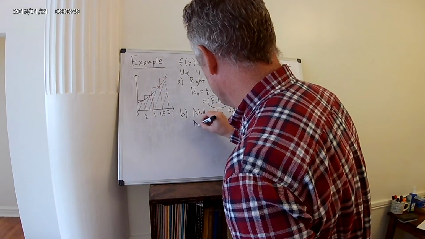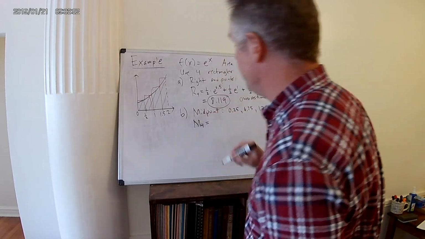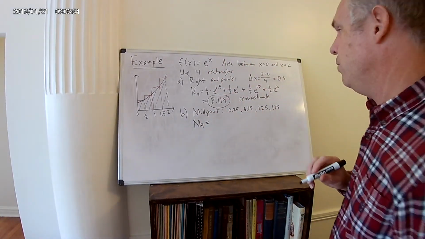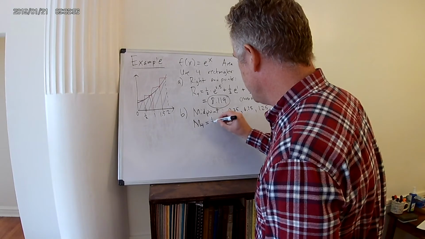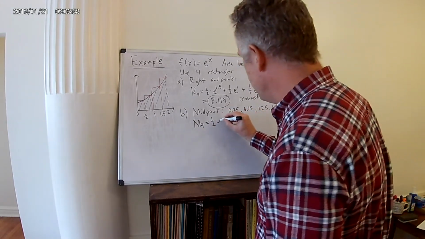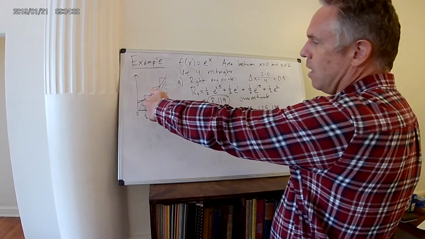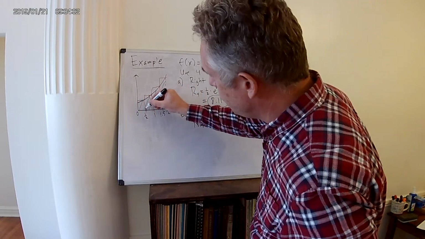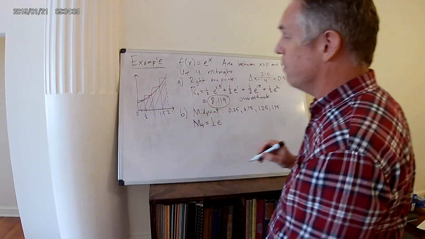In this case, we're going to call this M4. M for midpoint, 4 for using 4 rectangles. Now the width of my rectangle remains the same, but to evaluate the height, I'm not using the endpoint, I'm using the midpoint of that interval.